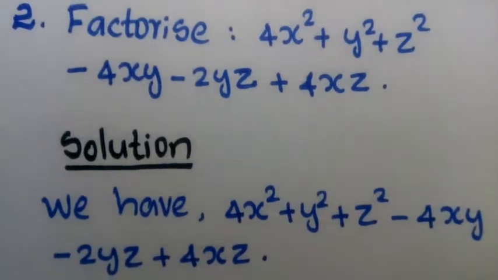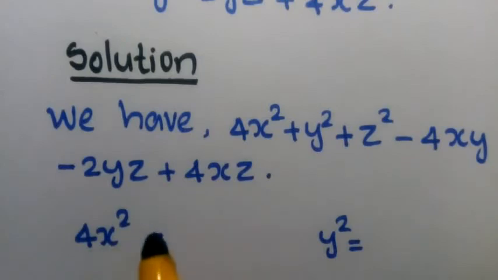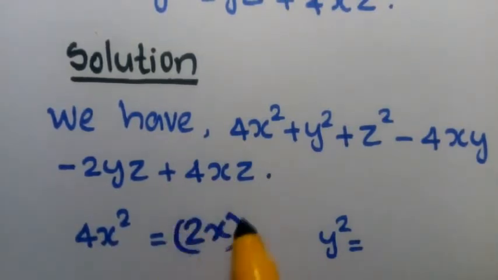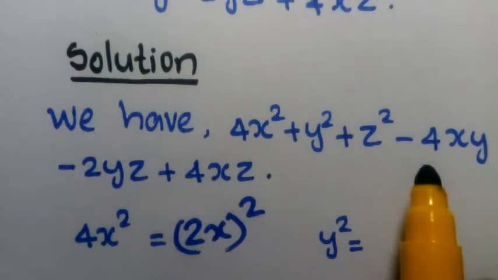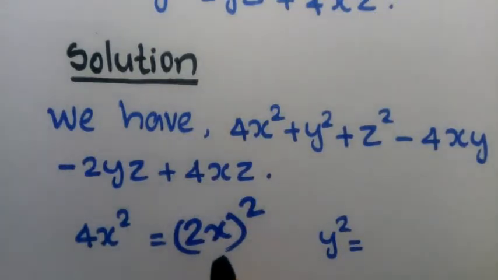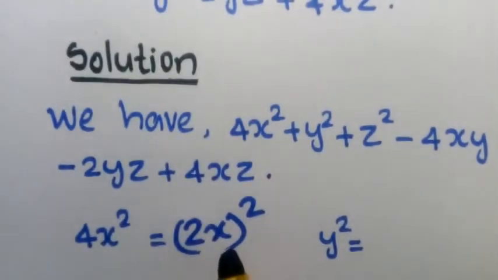Here you can see that 4x² is equal to (2x)². Here under the product we have negative terms. So any of the variables should be negative. We already took x as positive. So let us take y as negative.